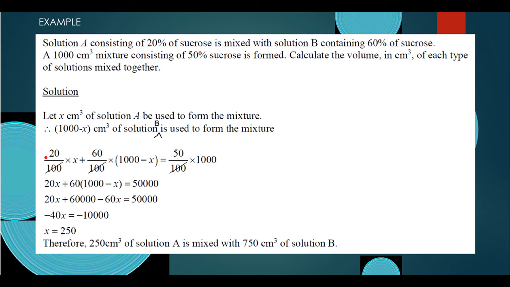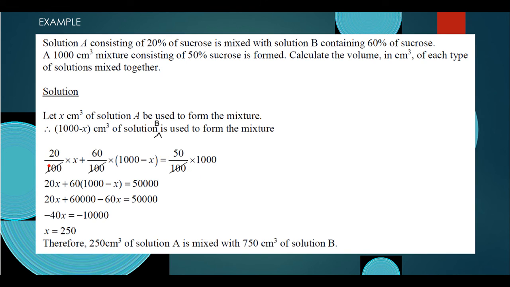So in short, I'm adding the volume of sucrose in solution A to the volume of sucrose in solution B, giving you the amount of sucrose in the resultant mixture. So next, I find that there's over 100 in each term.